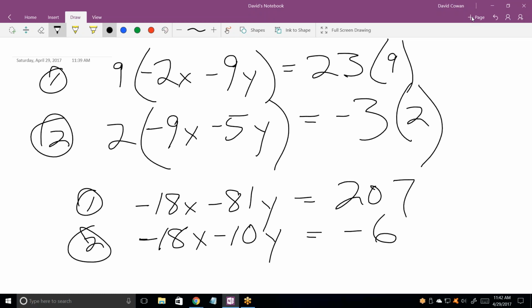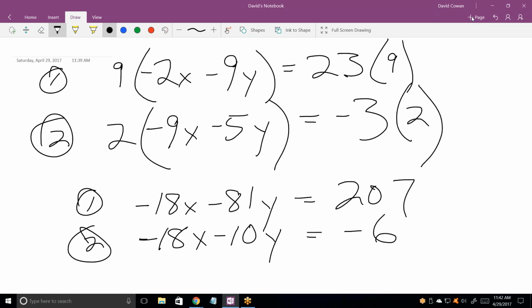Right. Well, most people are a lot more comfortable with addition than they are subtraction. In fact, I would venture to say that you'll make half the mistakes if you always are dealing with positive numbers as opposed to negative numbers. Okay. So I'd rather set this problem up to where I'm adding the two equations, not subtracting them.